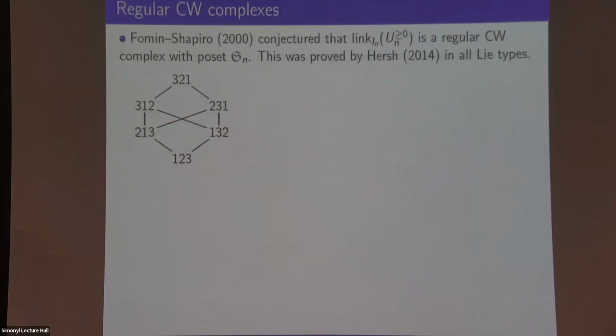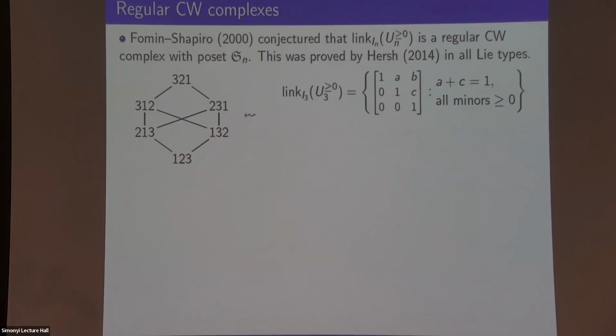And at the time, people didn't know how to answer Björner's question, and that was because this was before Lusztig's work on total positivity. And what they showed was that actually this link of the identity in this totally non-negative space U_N we saw before is the correct regular CW complex.